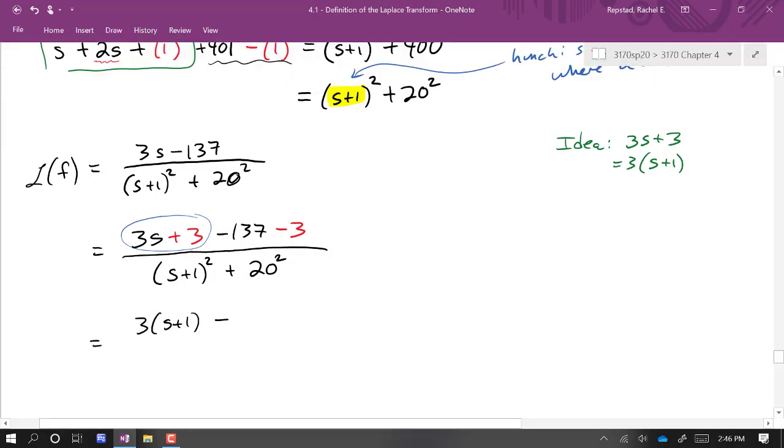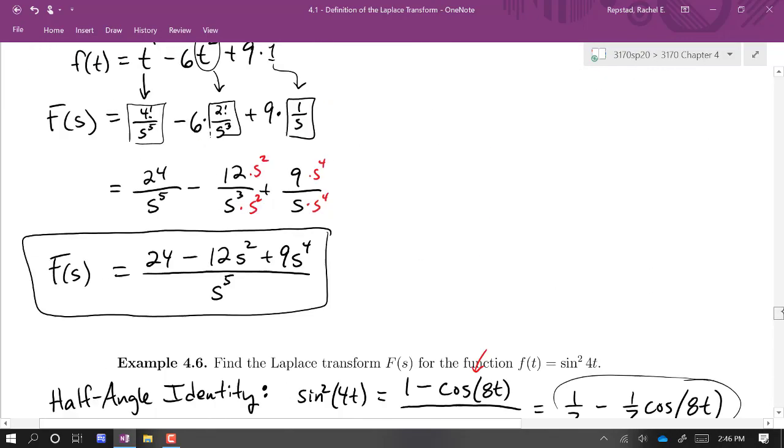And then we have minus 140. We're getting closer.